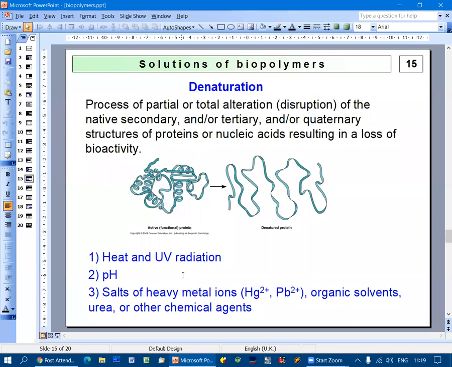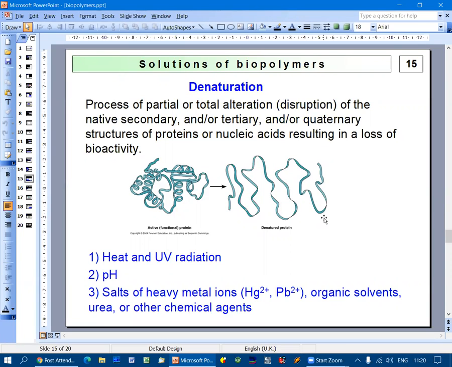But if the native secondary, tertiary, and quaternary structures, if any, because not all proteins have quaternary structures, will be disrupted, then the native form of a protein will turn into its denatured form.